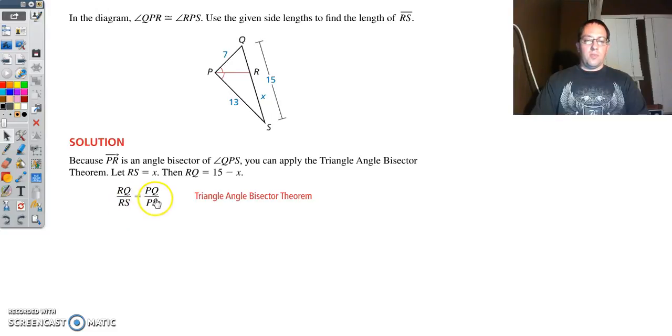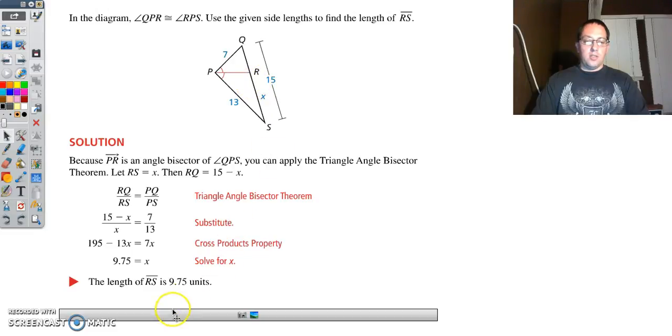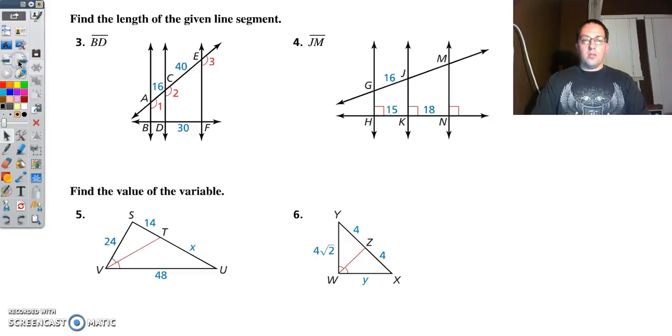Alright, so set up the proportion here, going to plug in, and QR is 15 minus X, and then RS is just X. Again, we're going to cross multiply, and then we solve for X. So we're going to move our 13X's over, divide by, what would that be, 20, and we end up with 9.75 for X. Right? And so that means that segment RS has a length of 9.75 units. Not too bad.